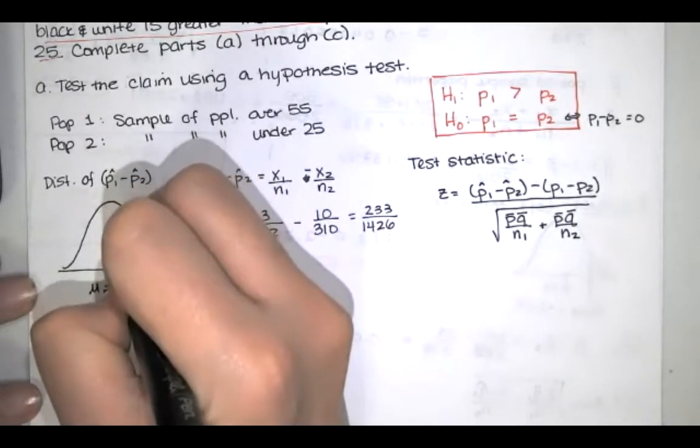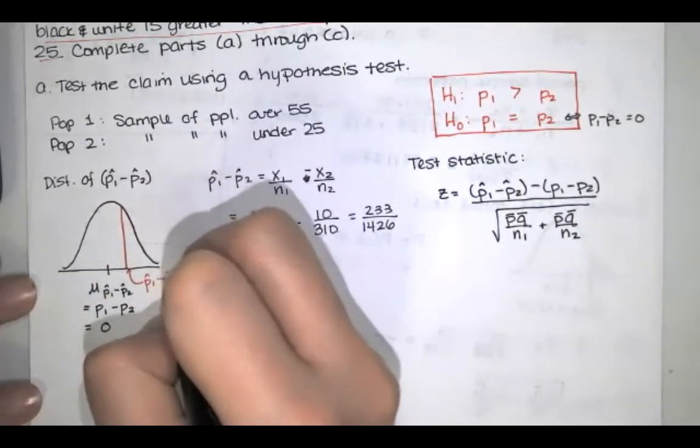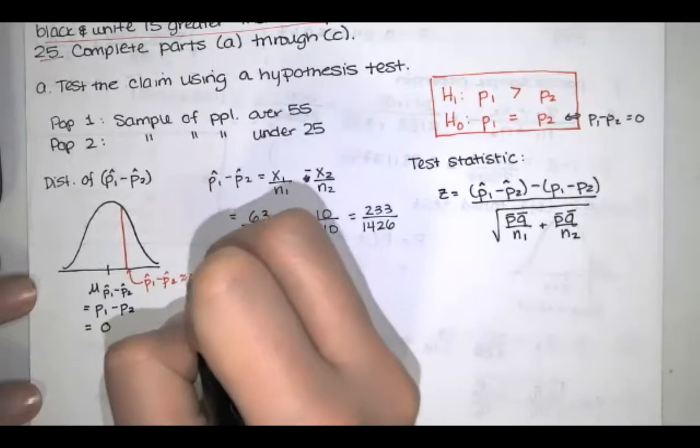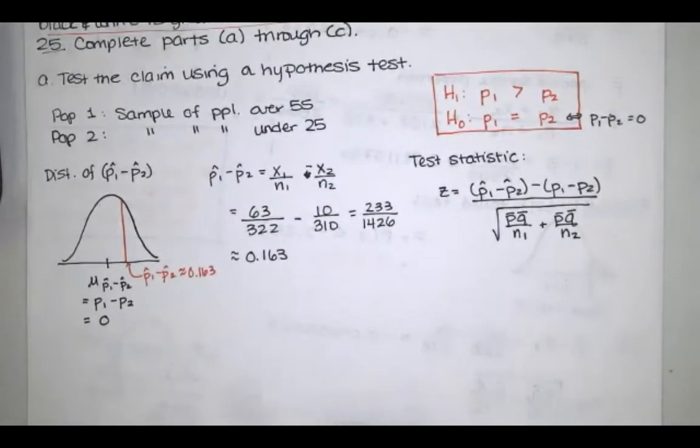So we'll have P1 hat minus P2 hat here, which is approximately this 0.163. And we're saying to ourselves, is that a significantly high or significantly low, or in this case, significantly high value of P1 hat minus P2 hat to have, provided that the null hypothesis is true?